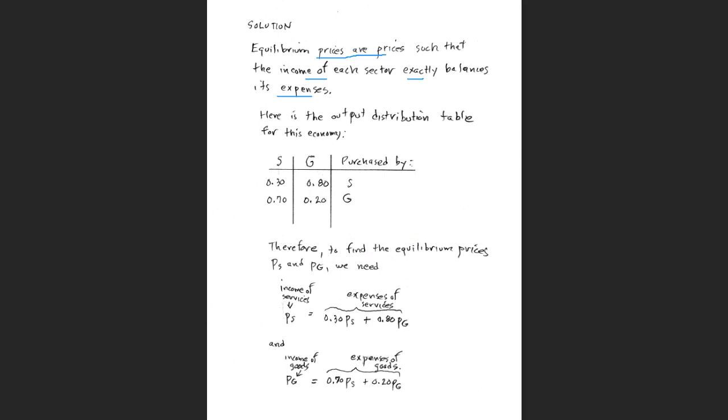So there's what's called a distribution table for this particular economy. You have an economy that involves services and goods.